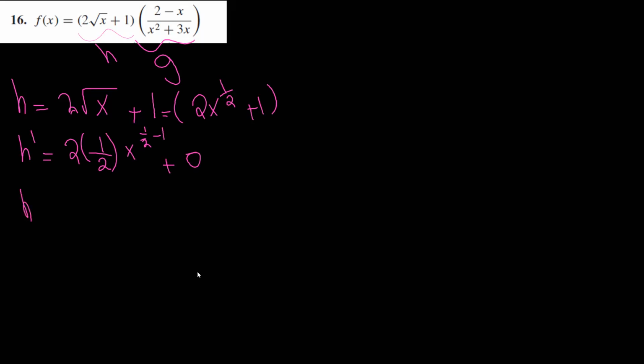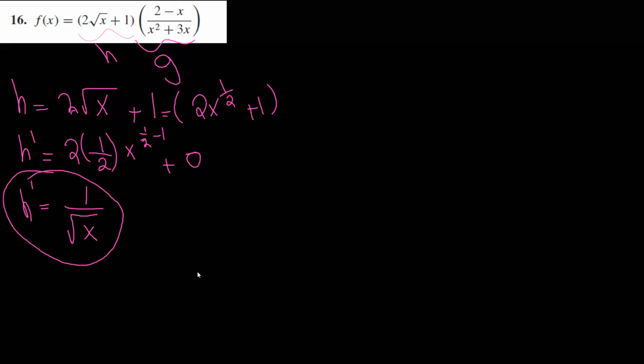So h prime now, 2 times half is 1, so it is 1 over square root of x. So the derivative of 2 square root of x plus 1 is 1 over square root of x. So I found now h and h prime.